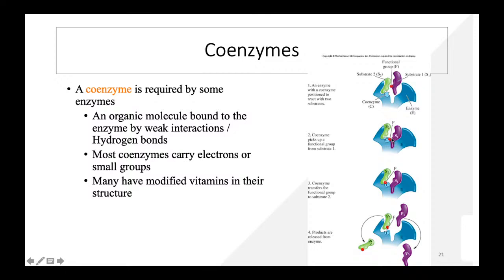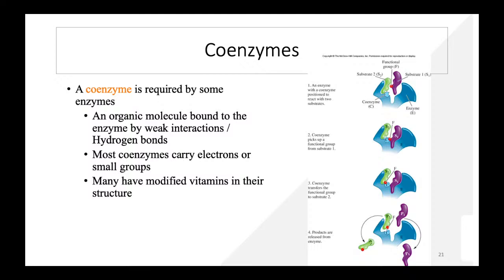The coenzyme, substrate 1 and substrate 2 all come together, and the coenzyme transfers the functional group from substrate 1 to substrate 2, and hence we have two different products. P1 doesn't have any functional group and P2 has a functional group. In this way, products are released from the enzyme. So in this reaction, the coenzyme helps to move a functional group from one substrate to another.